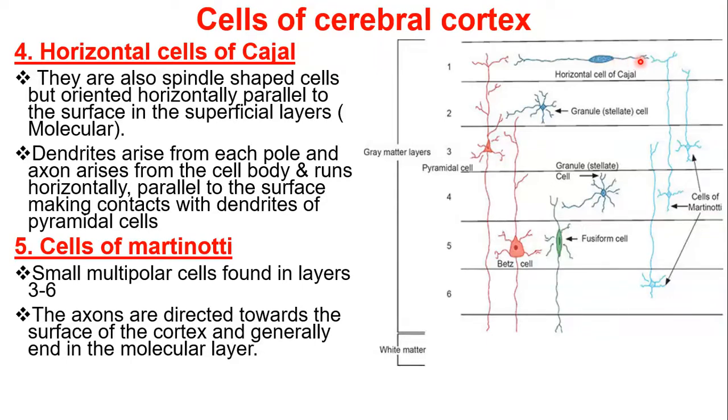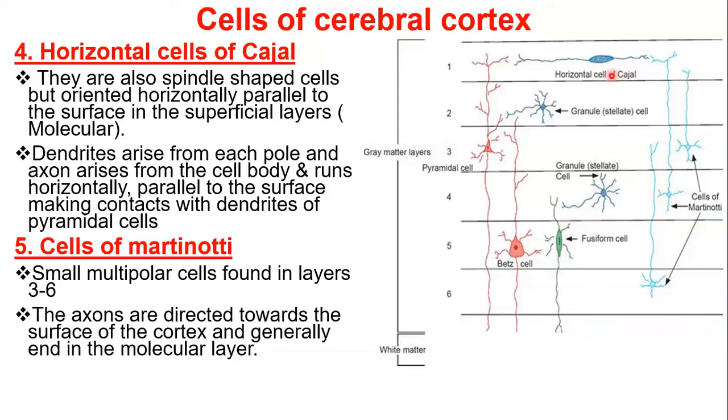Any process which makes contact with the dendrites of the pyramidal cells should be the axon, while the other one will act as a dendrite.